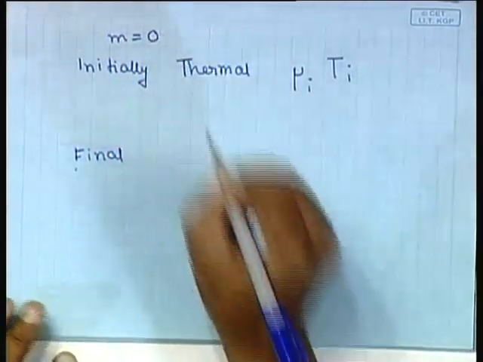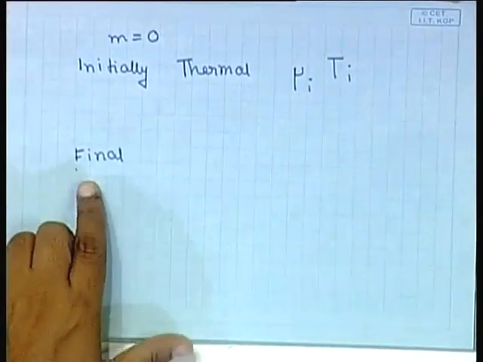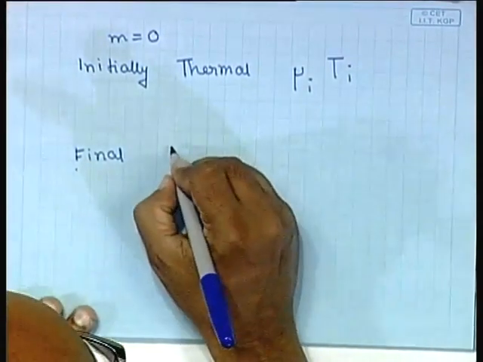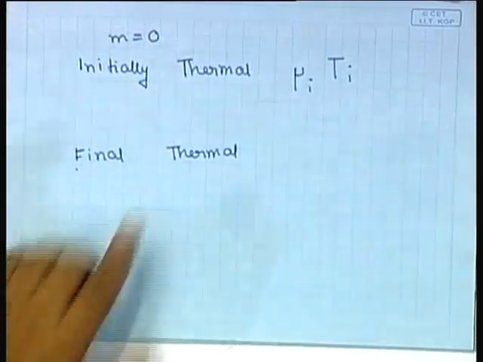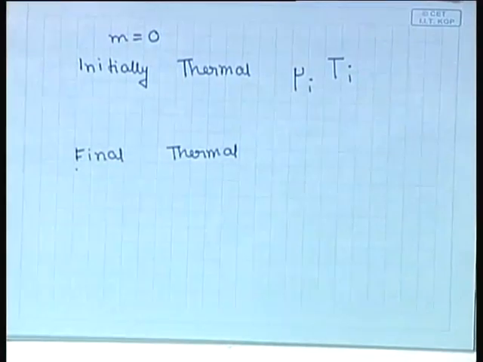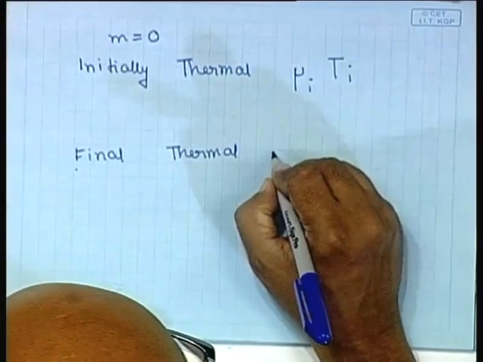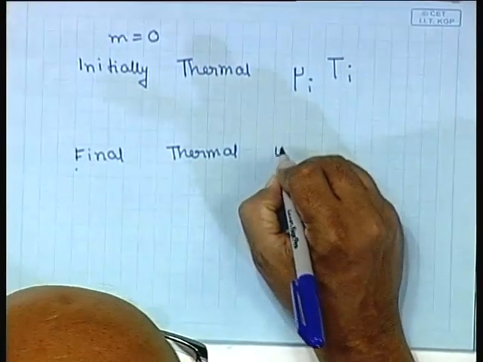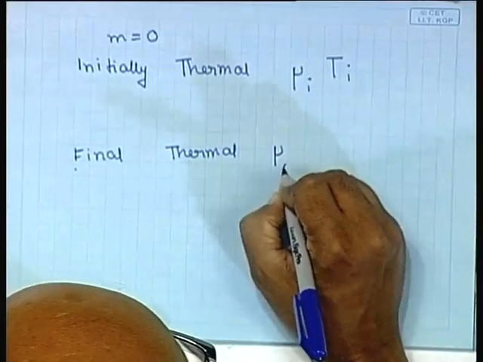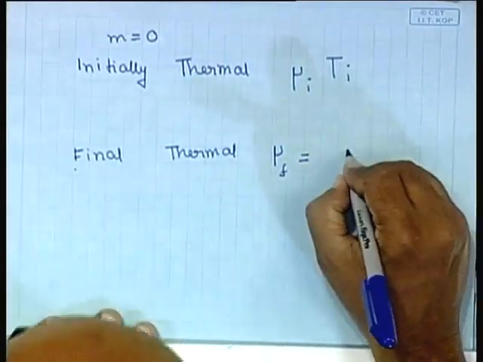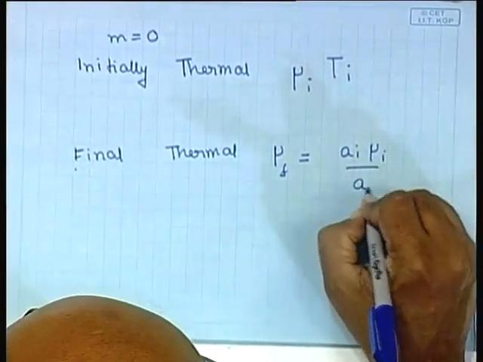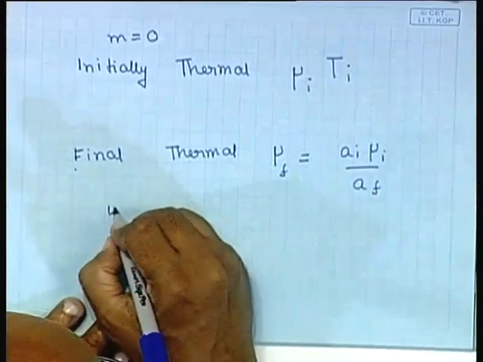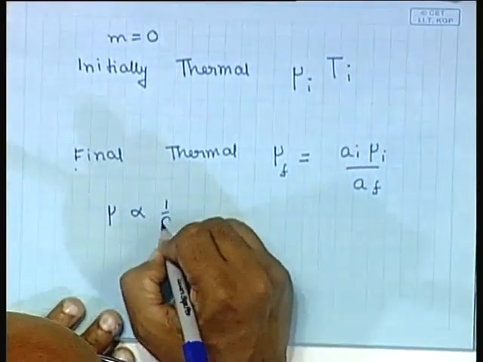Under this, if I have massless particles, mass m equal to 0, that is an assumption we have made, then the final distribution is also thermal, provided it started off with a thermal distribution. It has a chemical potential mu f, which is A initial by A final into the initial chemical potential, so the chemical potential scales inversely with the scale factor.